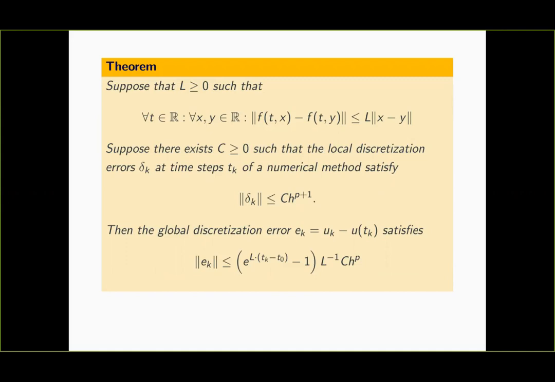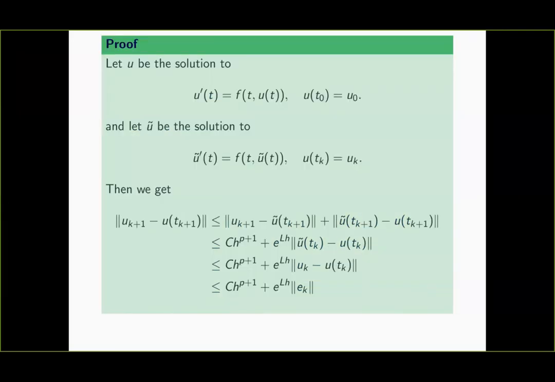So the better estimate I can derive for the local discretization errors, the higher the exponent p, the better the estimate I obtain for the global discretization errors. So let u be the solution to our Cauchy problem, u prime of t equal f of t, u of t, with the initial condition u at time t naught equal u naught.